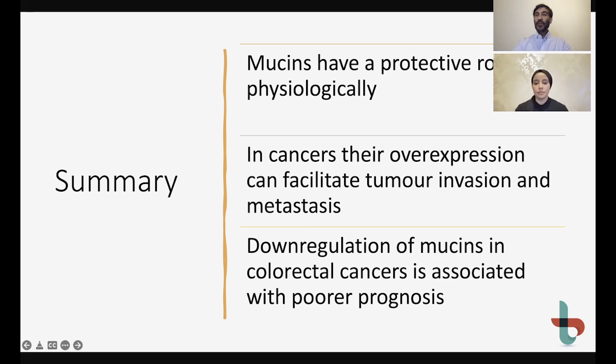In the next video, we are going to discuss those conditions in more detail. In the next video, we are going to discuss CA125 and its role in pregnancy, miscarriage, preeclampsia, and ectopic pregnancy.